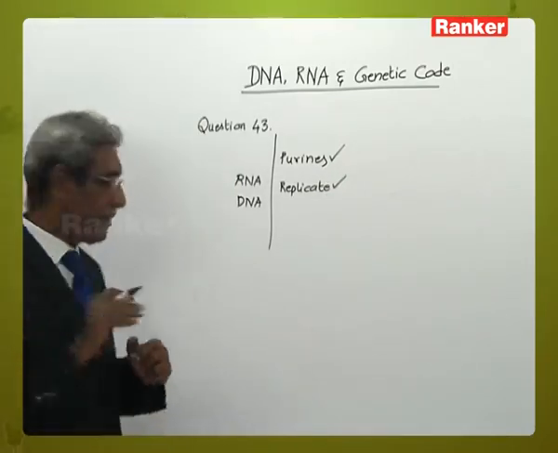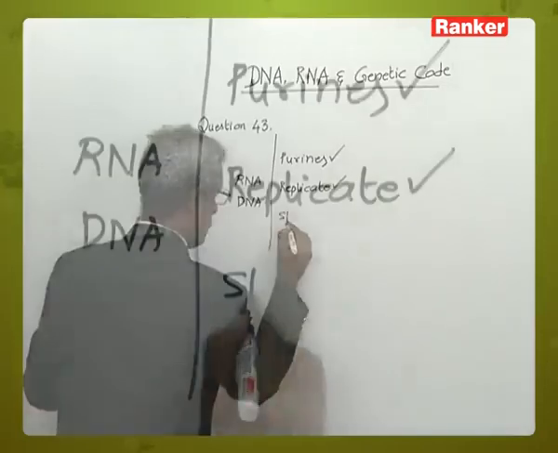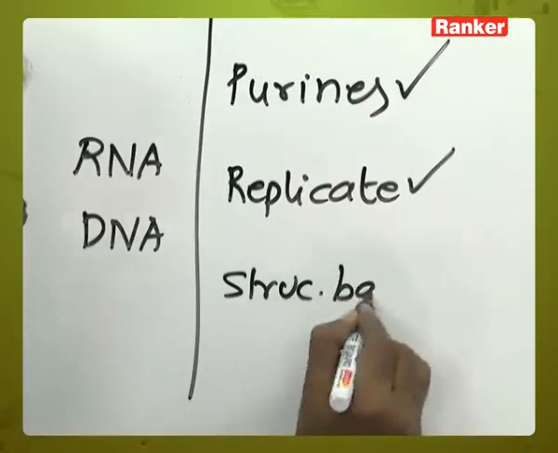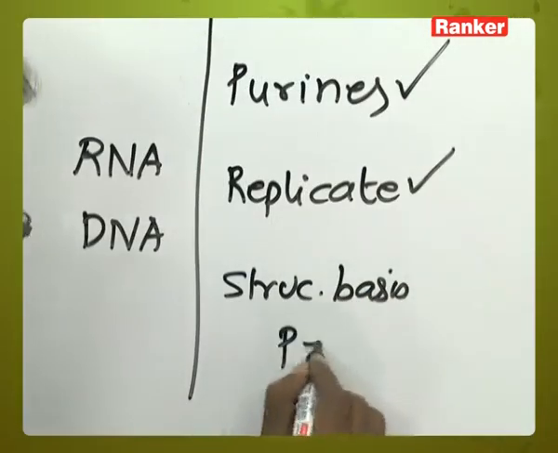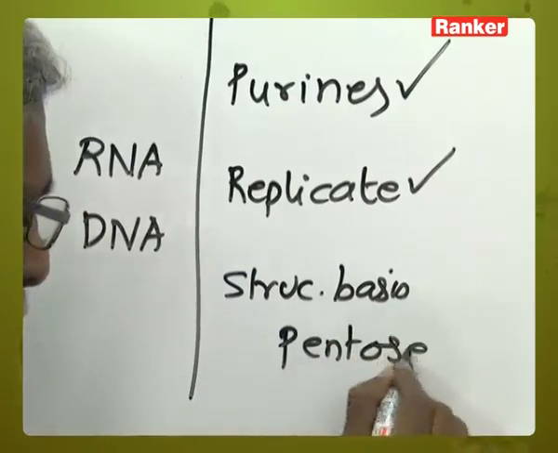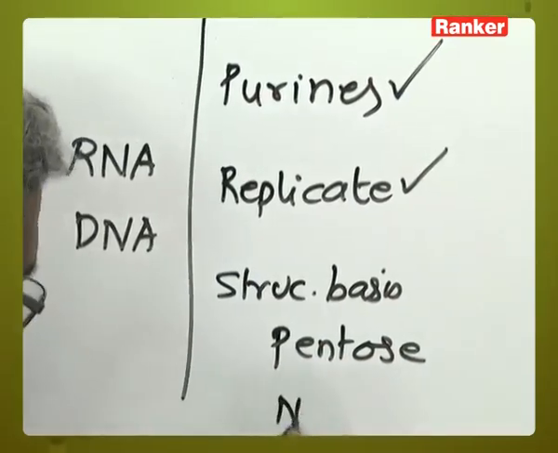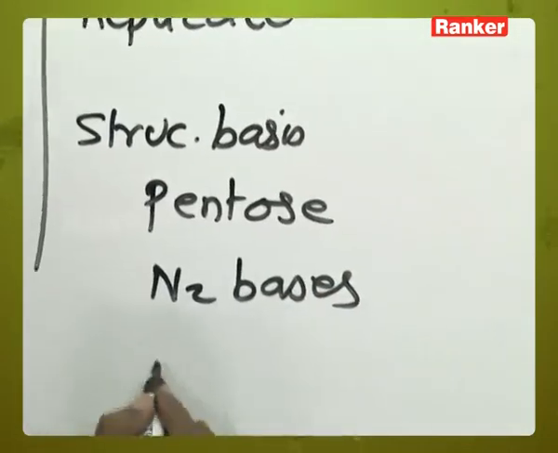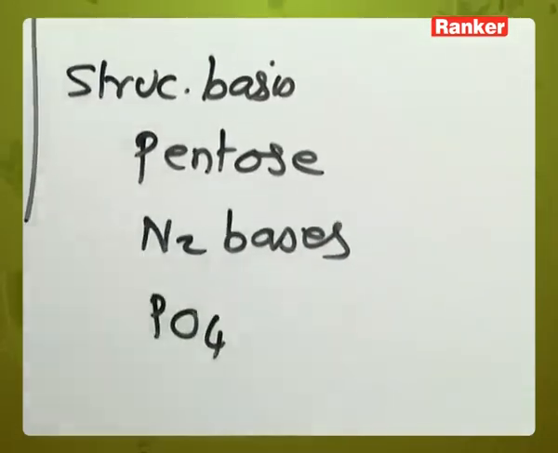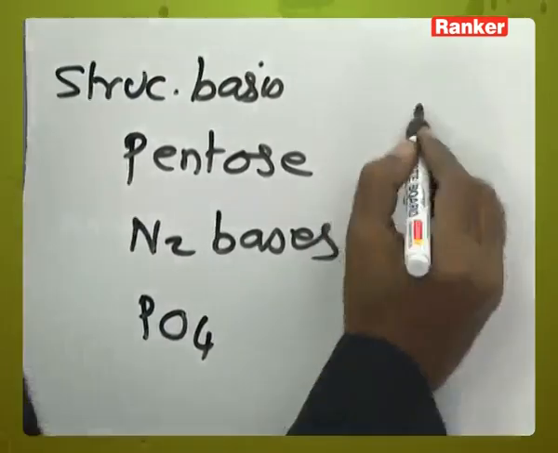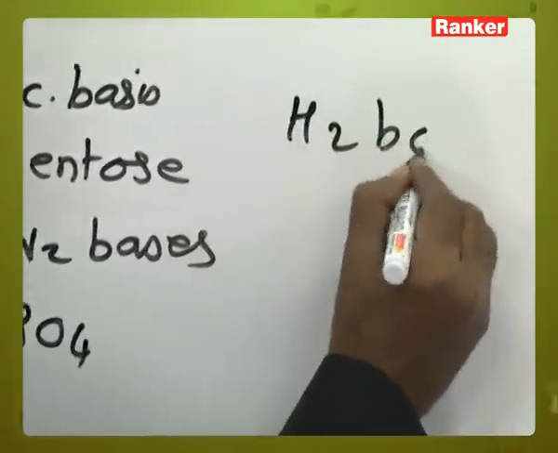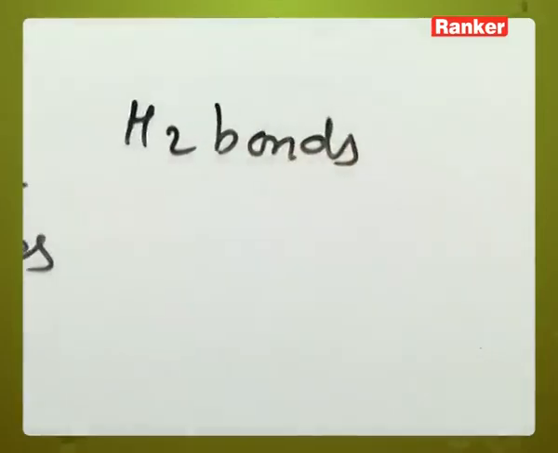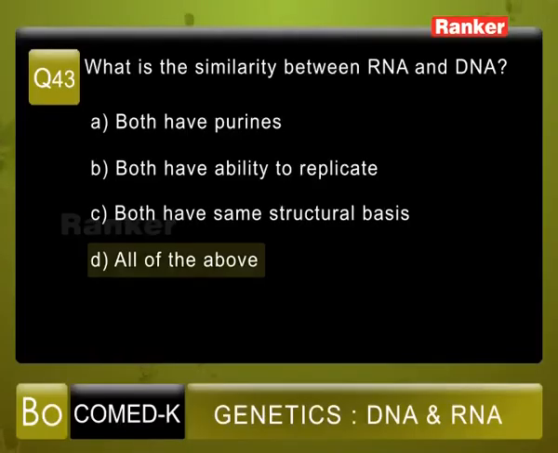Both have the same structural basis. They have a pentose sugar. They have nitrogen bases. Then they are linked by means of phosphates. And again there is a presence of weak hydrogen bonds. Hence the correct answer is D, which says it is all the above.